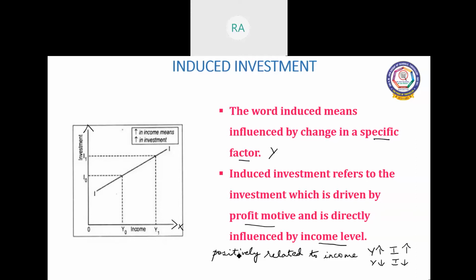As income increases from Y0 to Y1, the investment also increases from I0 to I1. The word induced means influenced by change. So there's a change in income and so there's a change in investment.